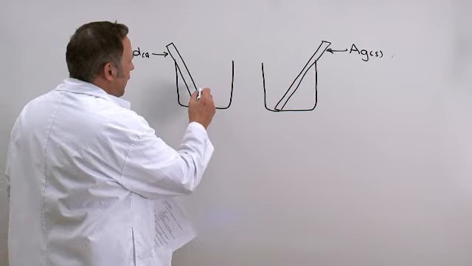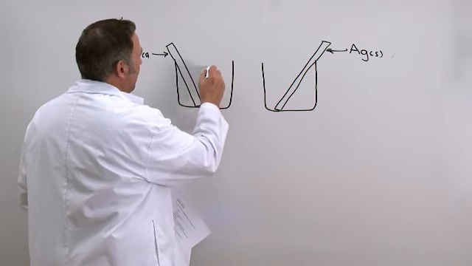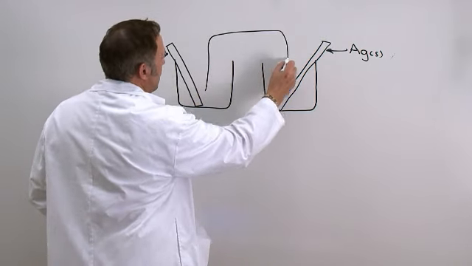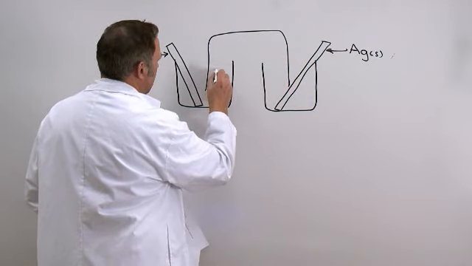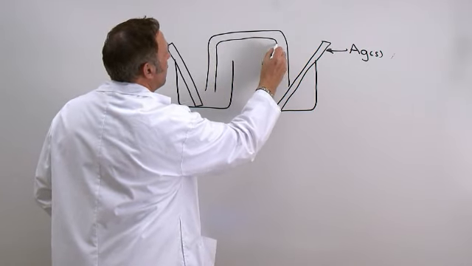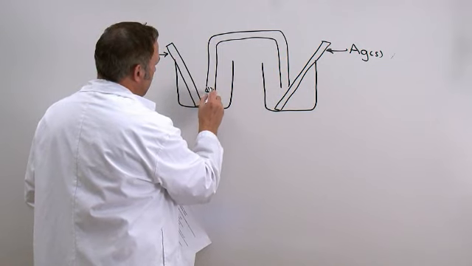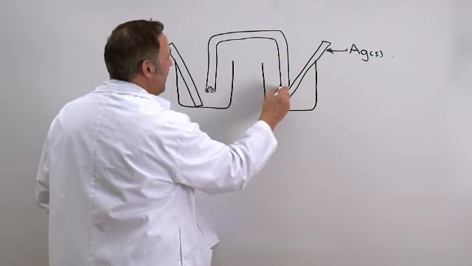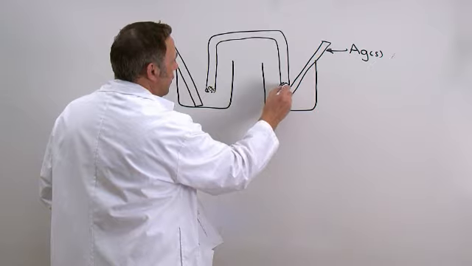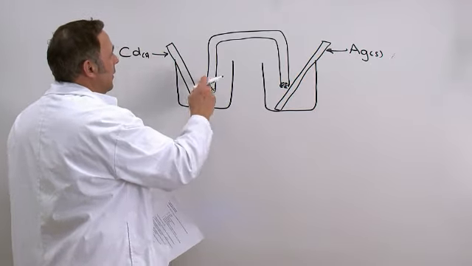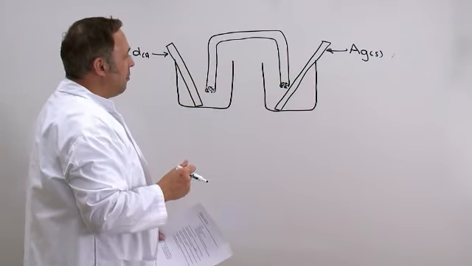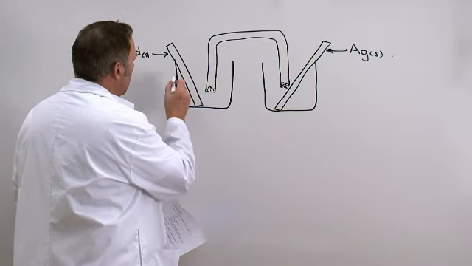All right, I'm going to connect these two half cells by a salt bridge. I'm going to plug the salt bridge with some cotton batting to prevent the salts in the solution in the salt bridge from just falling out.